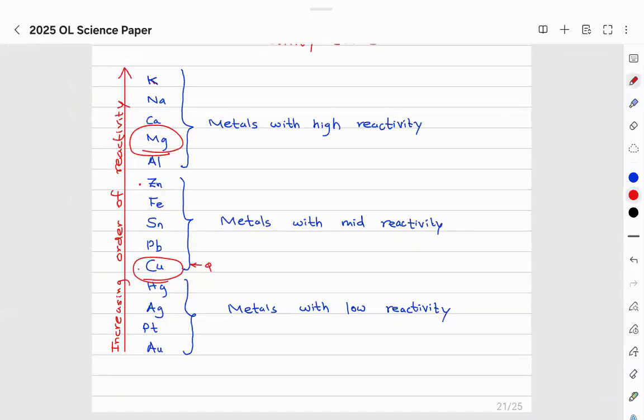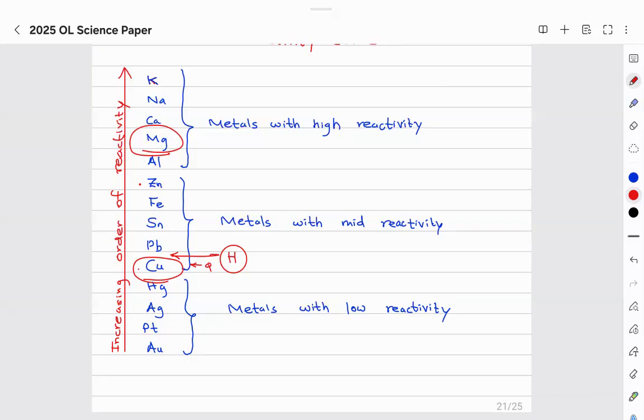Remember, hydrogen is actually in between lead and copper. So elements below hydrogen are not reacting with dilute acids. Remember students, elements below hydrogen are not reacting with dilute acids. But elements above hydrogen are reacting with dilute acids.